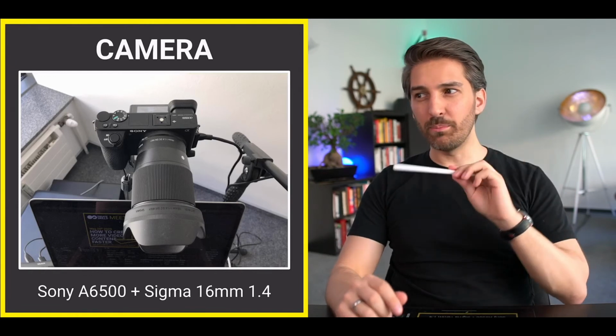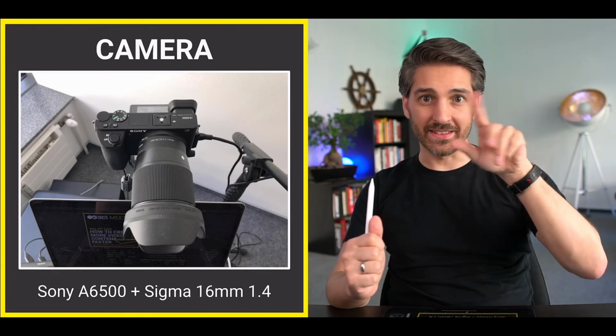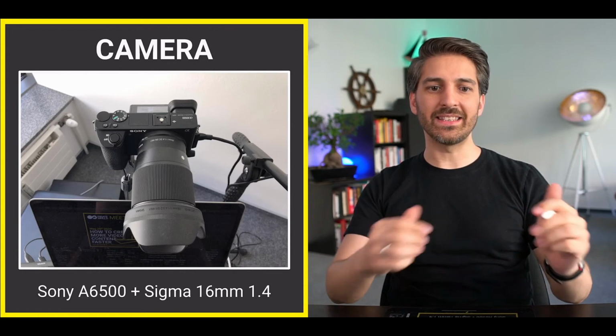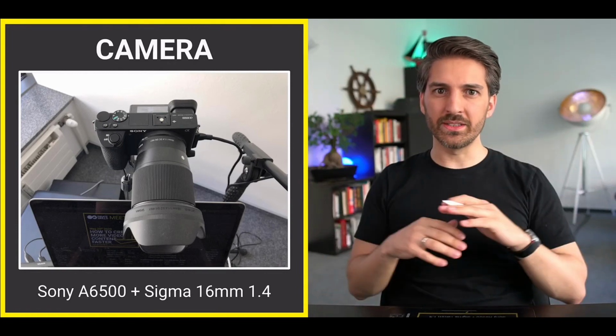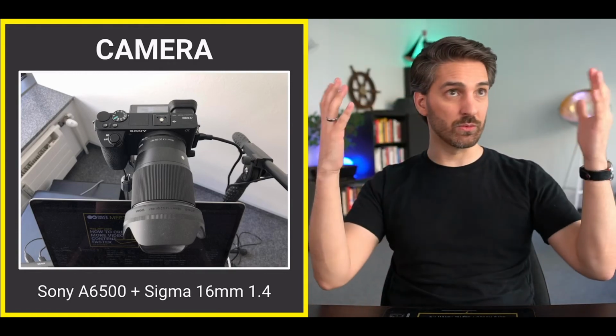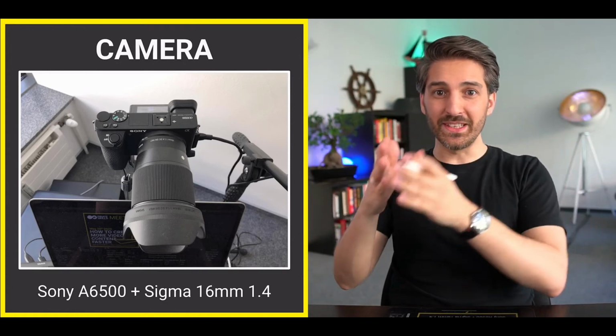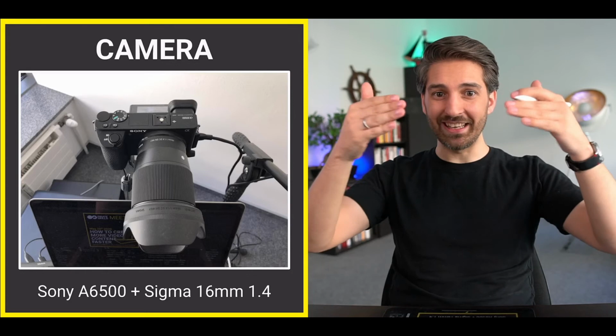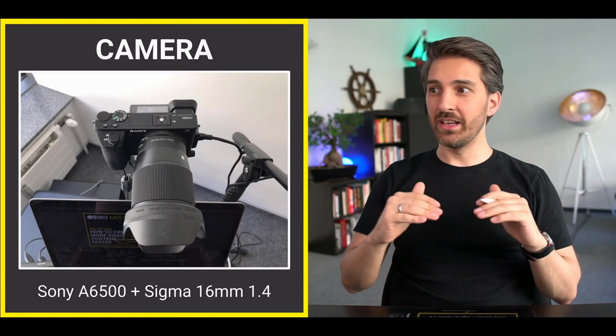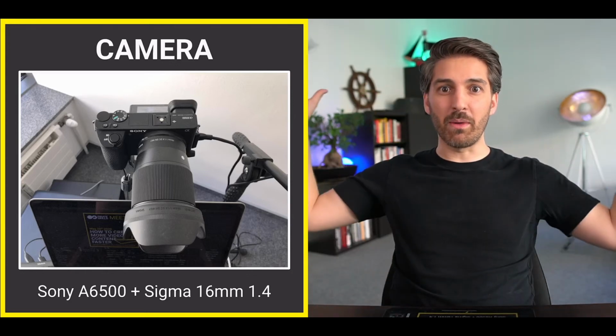And the 1.4 is how fast the lens is, how wide open it gets, how light sensitive it is. Because I'm recording in dark situations, like right now, you will see that the light from video to video is going to get darker and darker in the background, and the light's going to come up.